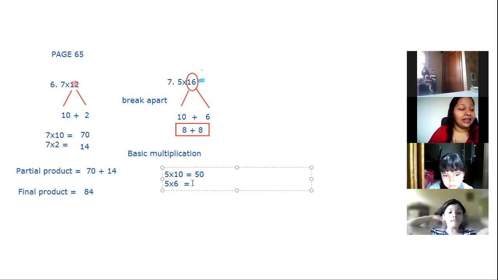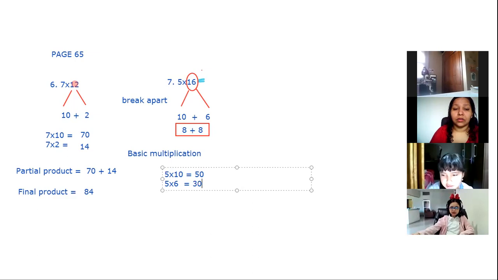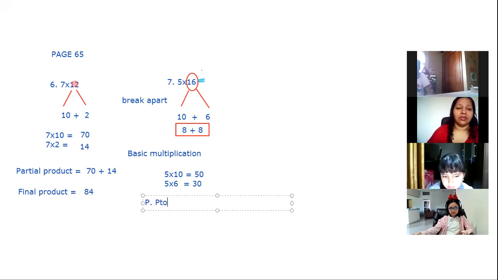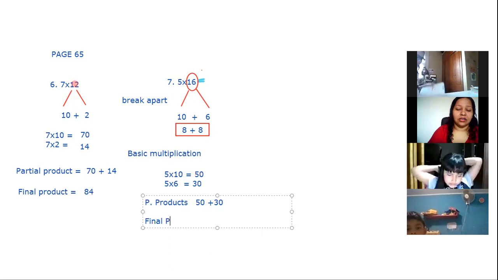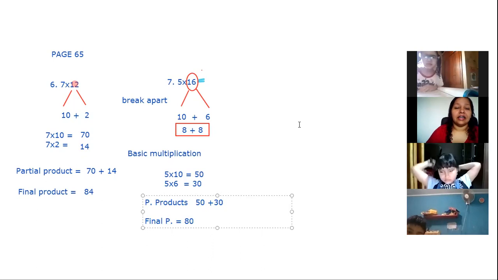And 5 times 6? 30. So what are my partial products? 50 plus 30. 50 plus 30 is 80. And my final product is 80.